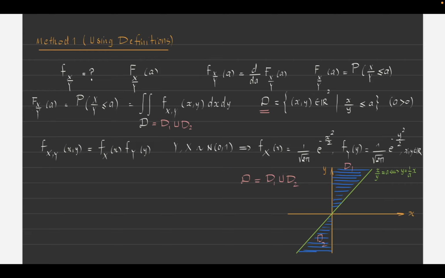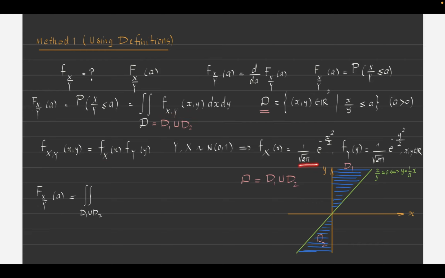So if I want to summarize everything here, I can write f of x over y at a is equal to a double integral on D1 union D2. Let me multiply them, because this is this product.